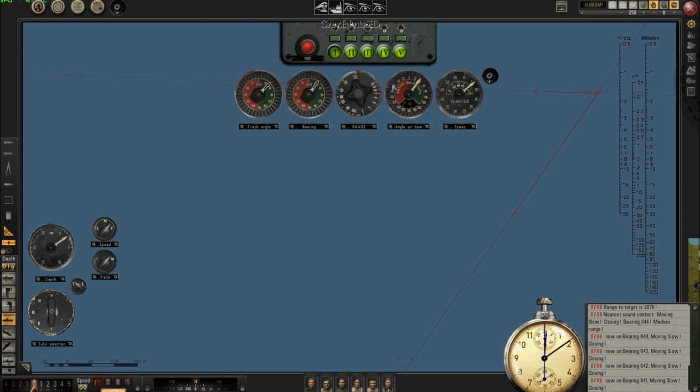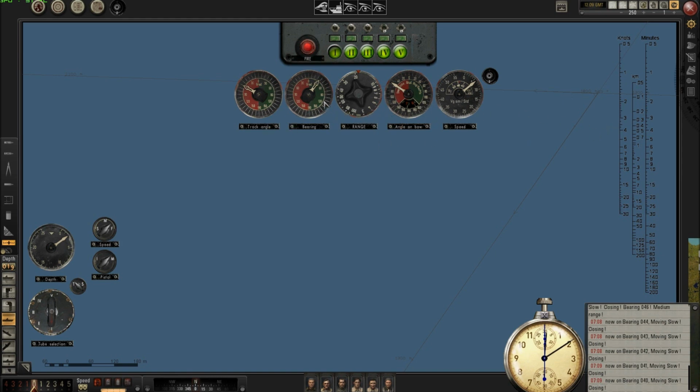So 57 will be somewhere around here. 57, perfect. It's almost 57. Here I have a red 7. Okay, so now I have all the data in my computer, in my TDC.